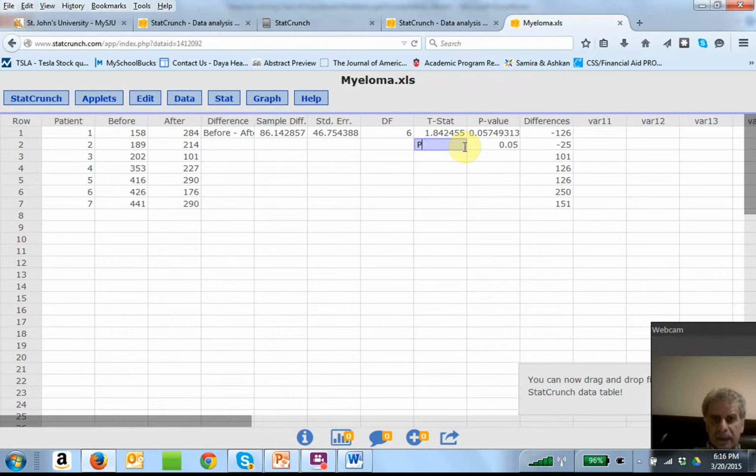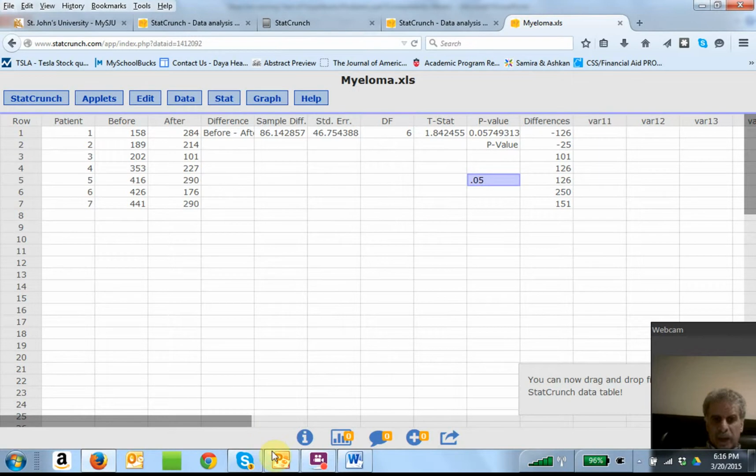Sorry, my p-value is 0.0574, and my level of significance alpha is 0.05. Therefore, my p-value is more than 0.05, and so I do not reject H0.